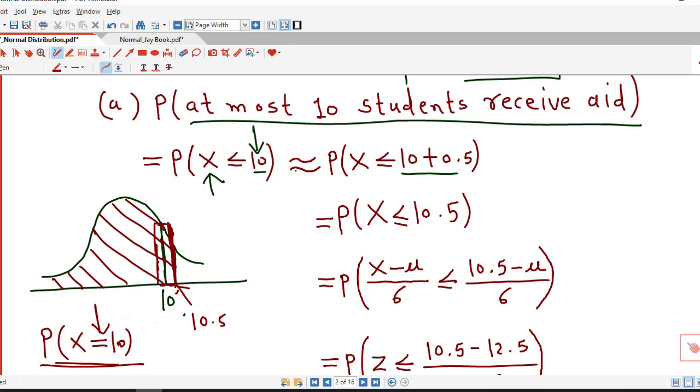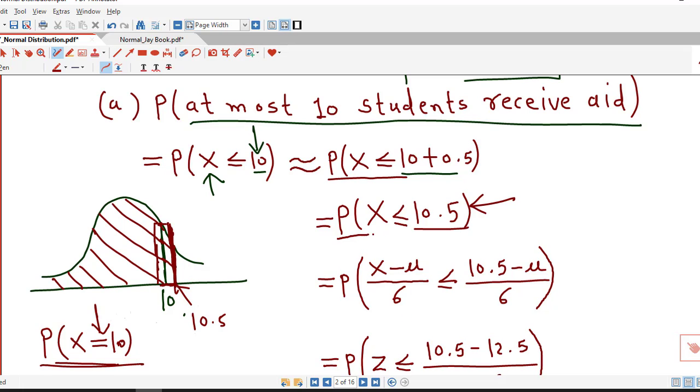So this is approximately equal to the probability that capital X is less than or equal to 10 plus 0.5, which is 10.5. This is nothing but the area under the normal curve to the left of 10.5.